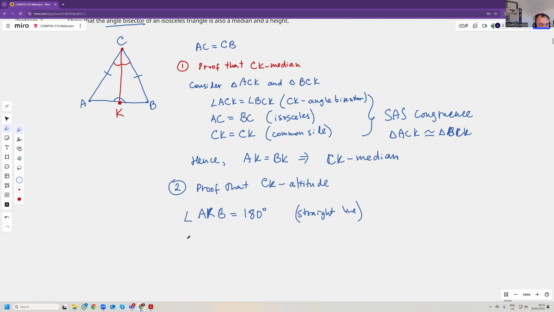Then we have angle AKC is equal to angle BKC. And that is because the triangles ACK and BCK are congruent, basically.